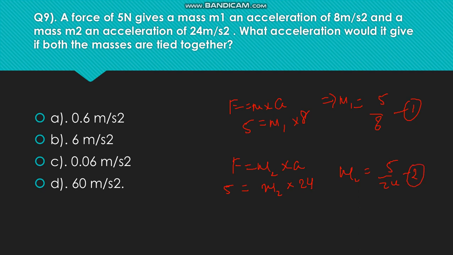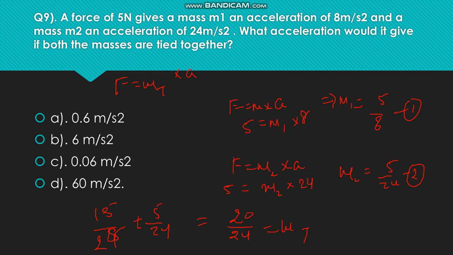Adding these two equations, m1 and m2, what we will get? 5 divided by 8 plus 5 divided by 24. I can write this as 15 divided by 24 plus 5 divided by 24, and this will give me 20 divided by 24. This is my total mass, m total. Now I want acceleration. Again, force is equal to m total into acceleration.